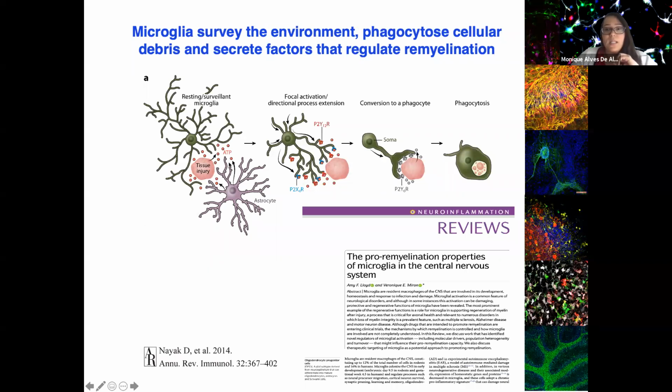When it's in high concentrations in the extracellular environment, it triggers activation of specific purinergic receptors in microglia, which in turn induces the extension of processes of microglia towards the cell that is injured, and which later will result in the cleanup of cellular debris.